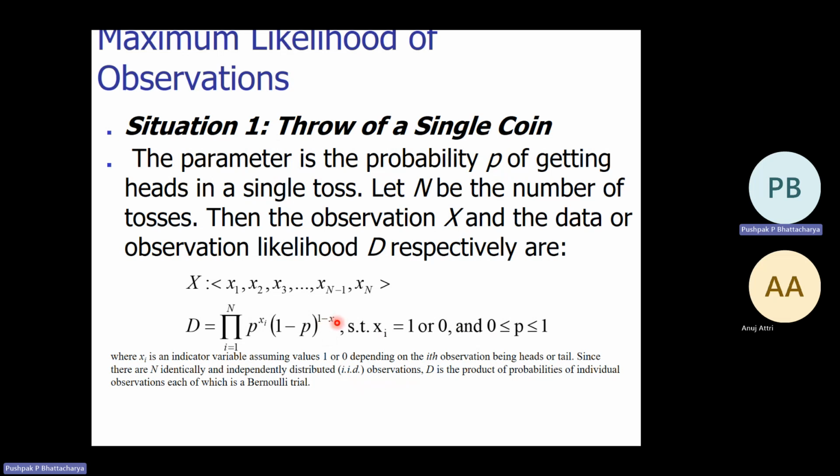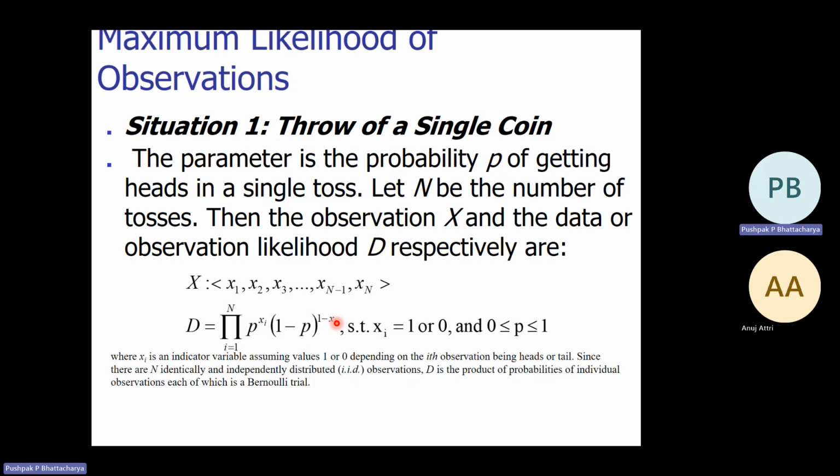So working with indicator variables is equivalent to working with the count. This is again a very common idea in combinatorics, where you can always replace counts with the summation of indicator variables.